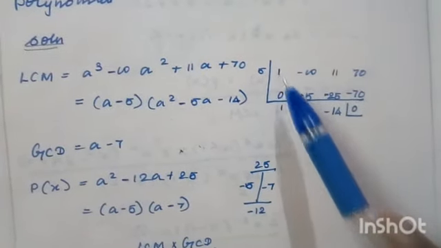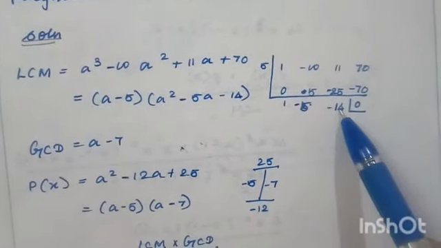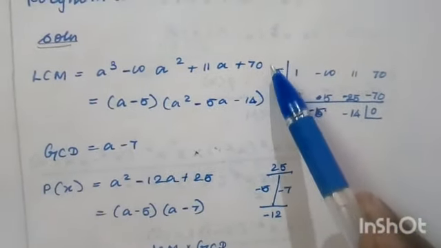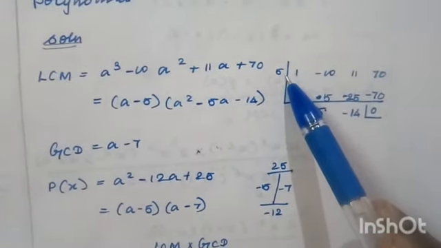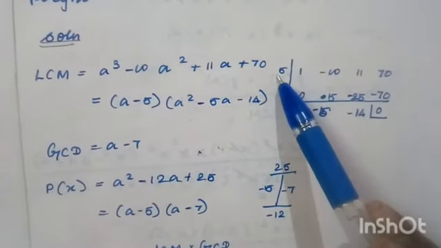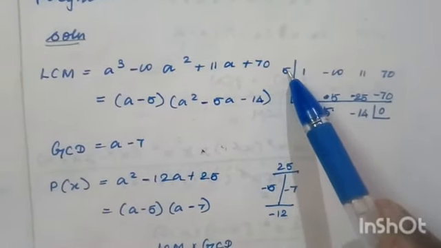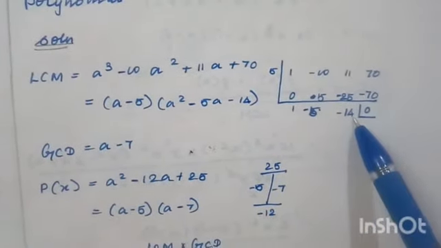So here we start with the first term a cube, and here you get a square minus 5a minus 14. For the first factor, if you use a positive number, you write the factor as a minus 5; if minus 5, it is a plus 5. So the factors are a minus 5 into a square minus 5a minus 14.